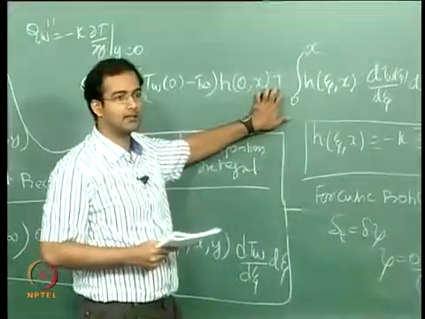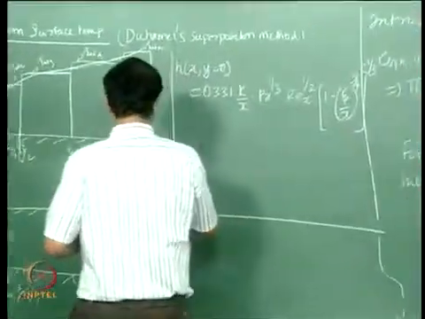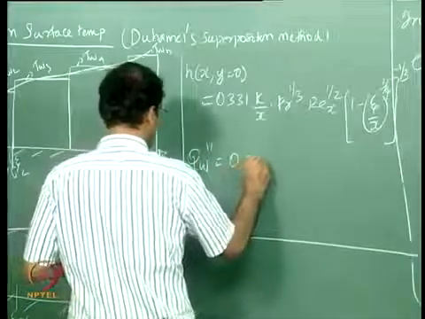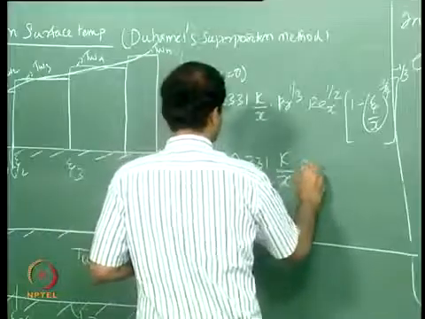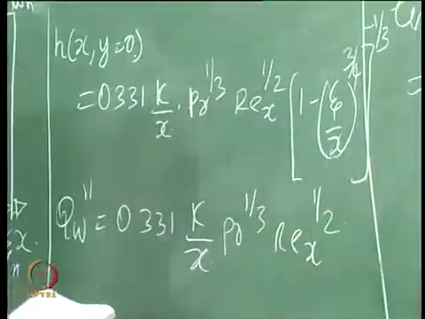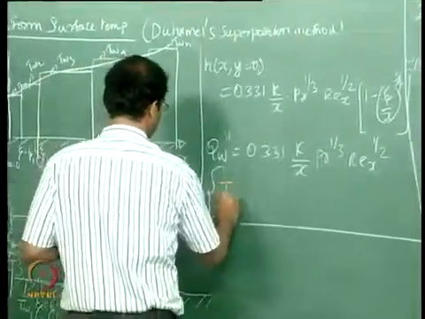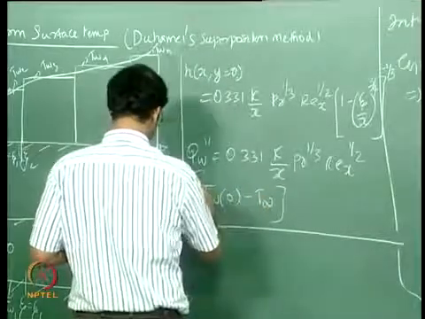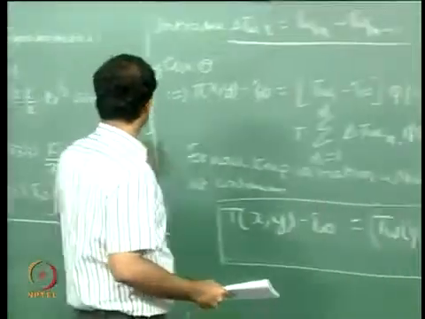this expression right here. Okay, so that will give us the value of local wall heat flux, which is 0.331 k by x. So this is a constant term which will come out, and the rest of the terms, that is T wall 0 minus T infinity, this is your term, and h, the other terms we have taken out as constant.